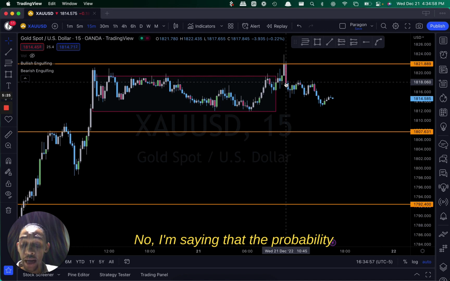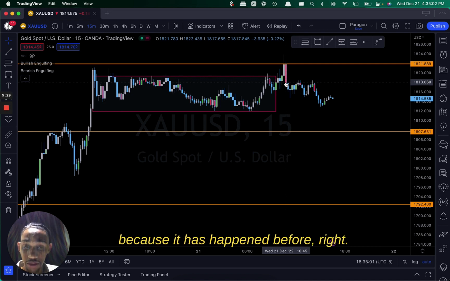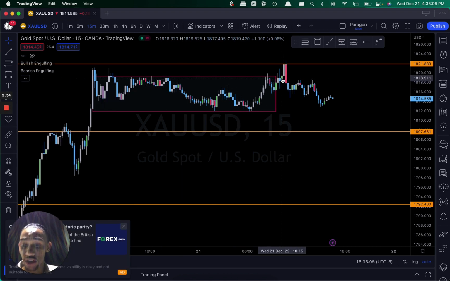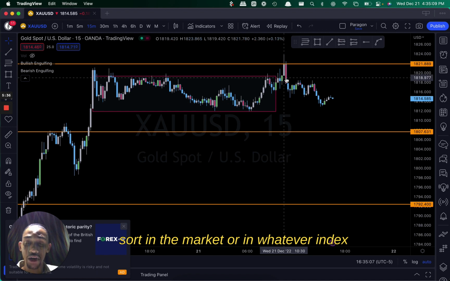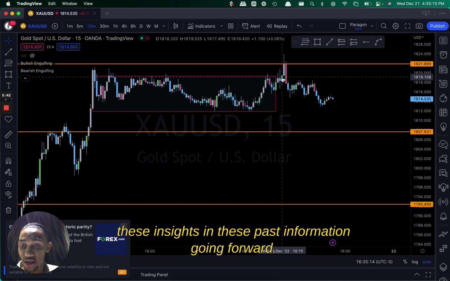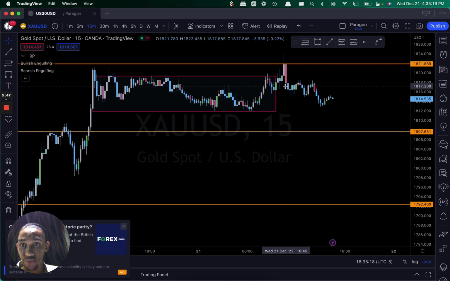No. I'm saying that the probability of it occurring is greatly increased because it has happened before, right? Allowing you to gain an edge of some sort in the market, or in whatever index or commodity you're trading, because you have used these insights and this past information going forward.